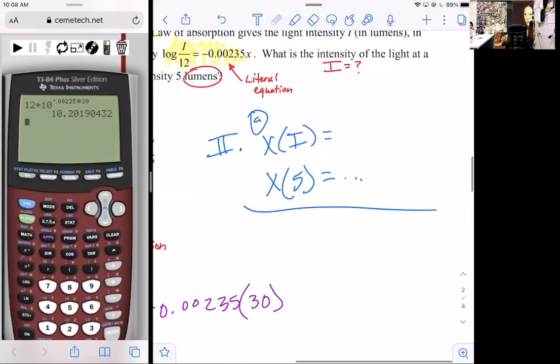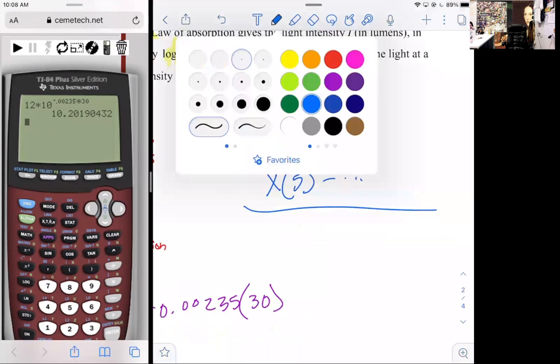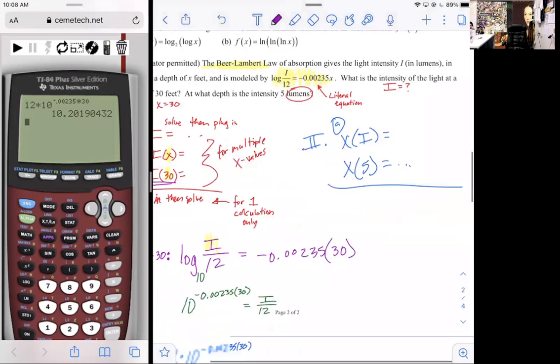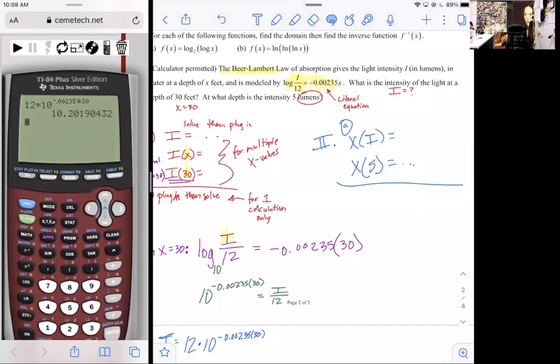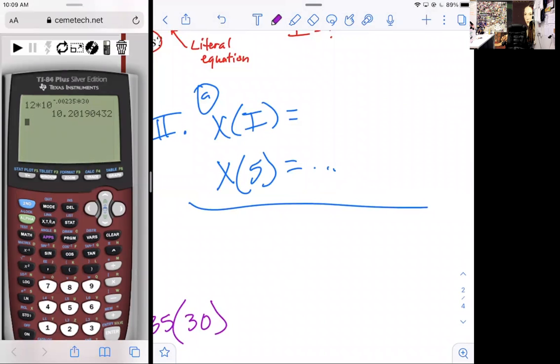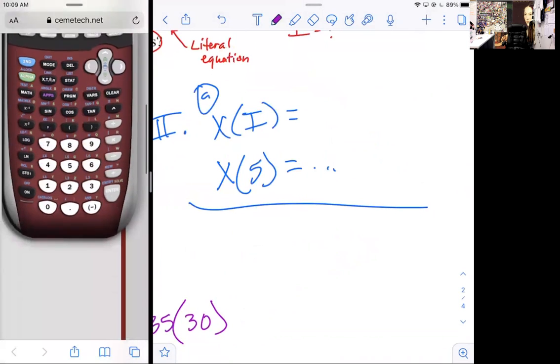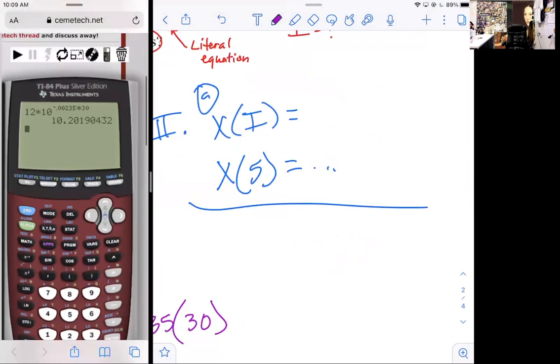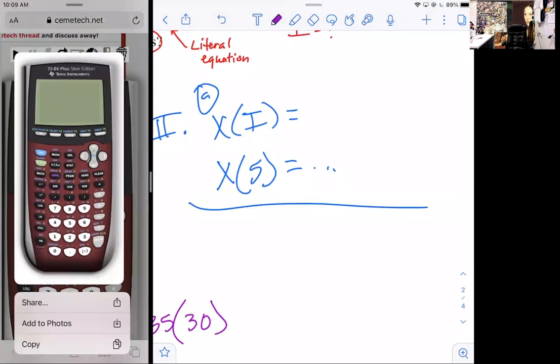It's easier to plug in and then solve because it's easier to manipulate numbers than it is variables. Unfortunately, though, I still have to somehow communicate that I'm plugging in a 5 for I. And if I can't do it with function notation, how can I do it? You could say when I equals 5, and then what do we put?